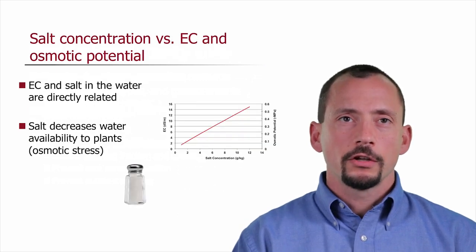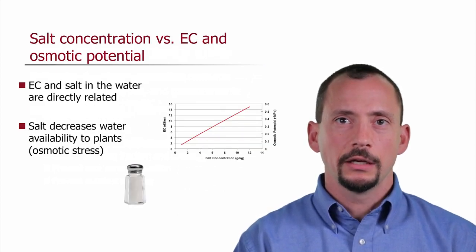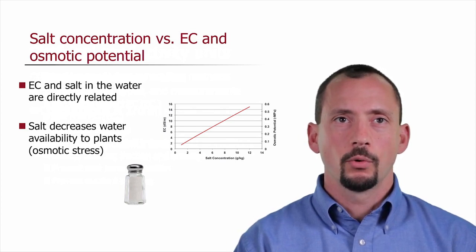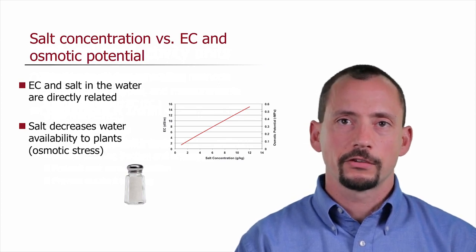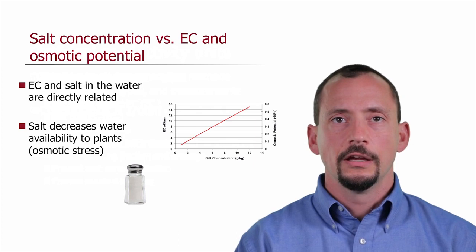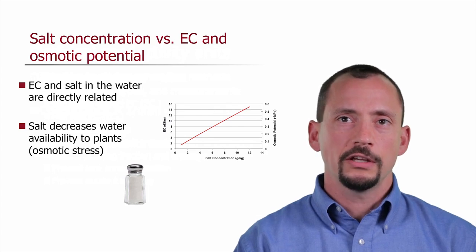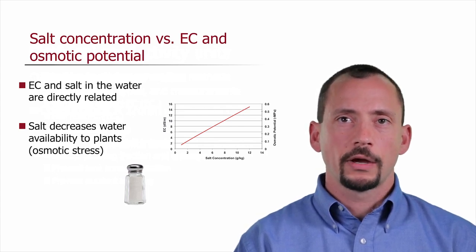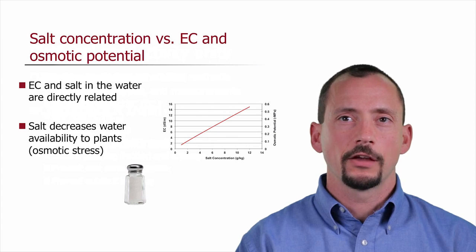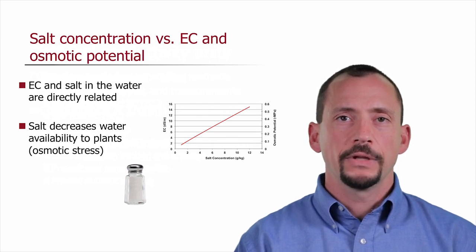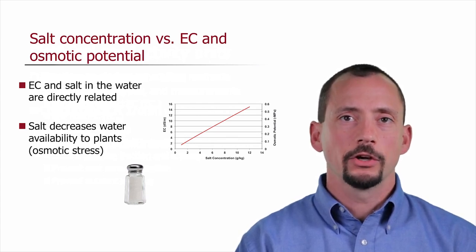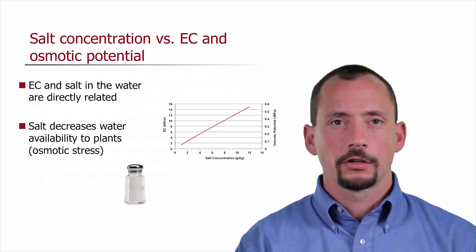The salt concentration in water is pretty close to directly proportional to the electrical conductivity. You can see in the graph that as the salt concentration increases, the electrical conductivity increases in an almost linear fashion. You'll also see that the osmotic stress, or the negative of the osmotic potential, increases in a relatively linear way with the salt concentration.